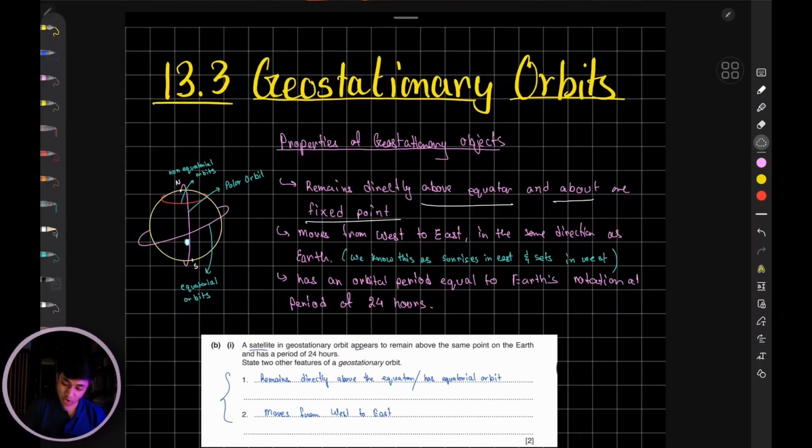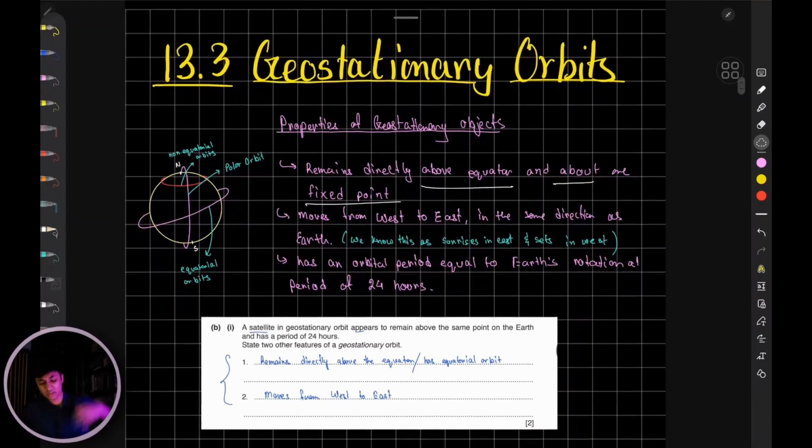And if I let my satellite orbit in this direction, it is not going to stay in sync with the fixed point. So that is an important attribute of a geostationary orbit. It needs to stay exactly above the fixed point and it needs to revolve around along with the Earth, right?